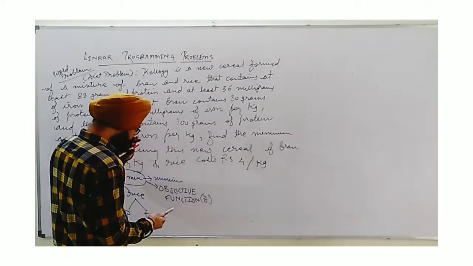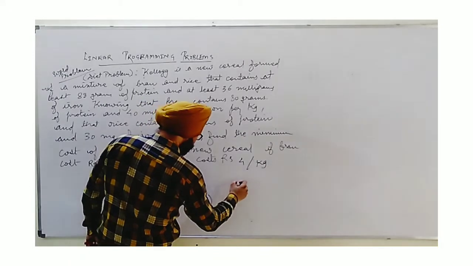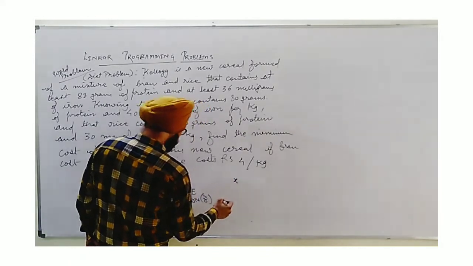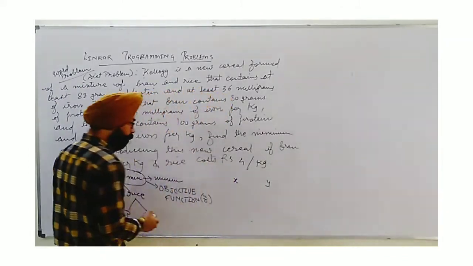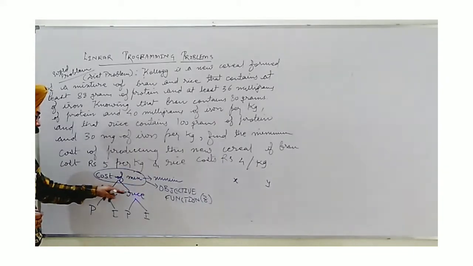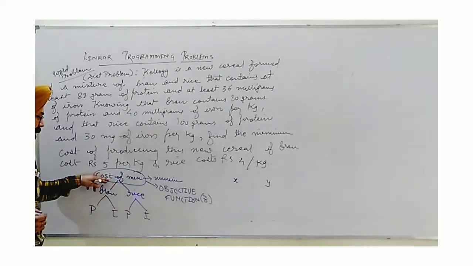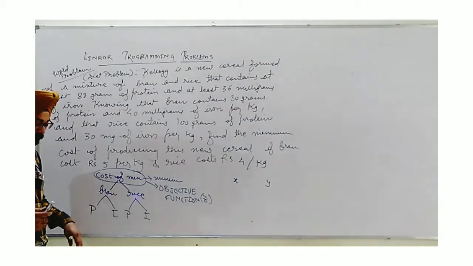Here we write x and y. What are x and y? As I said, the objective function depends on two things, bran and rice. This is the cost of the mixture. So the cost of the mixture depends on the cost of bran and rice. How?